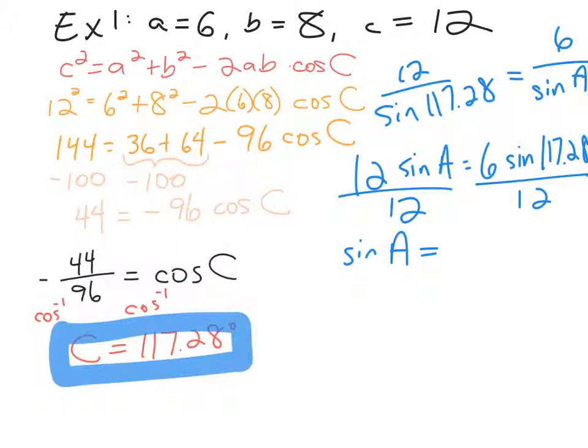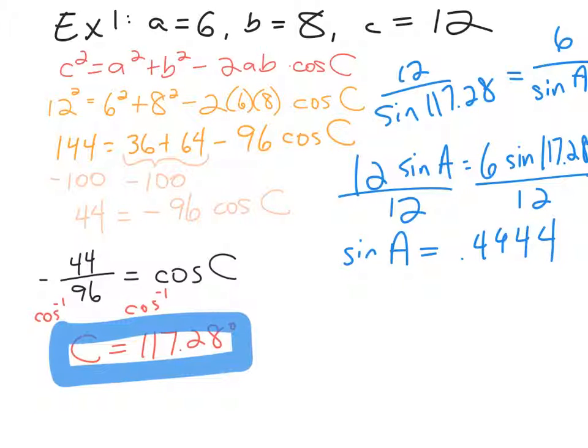Actually, why don't I just get the decimal version? It's easier than rewriting 6 sine 117. Actually, even better, 6 sine answer. I can use the answer button on my calculator, divided by 12. And that's going to come out to approximately 0.44439, so I'm just going to call it 0.4444.